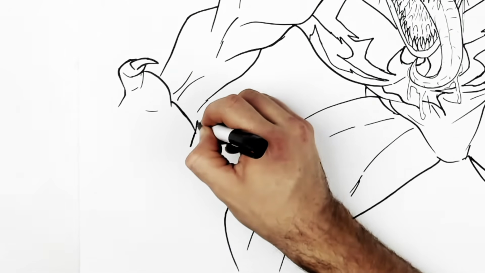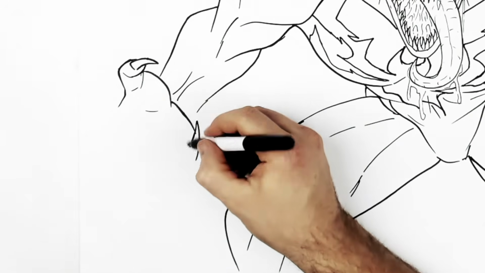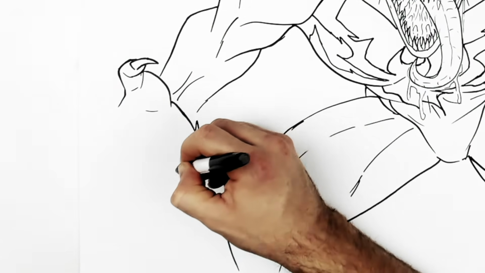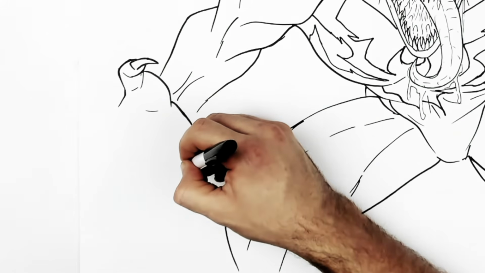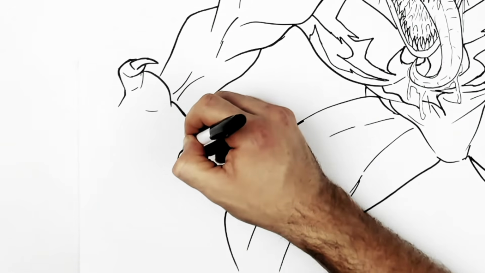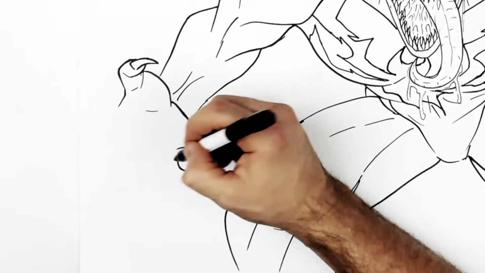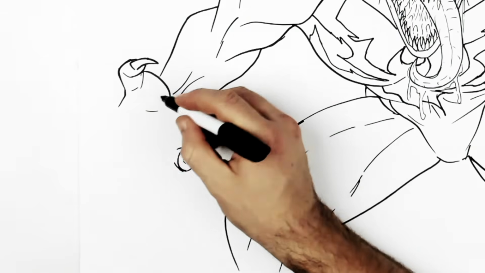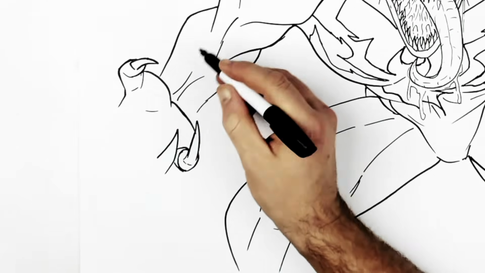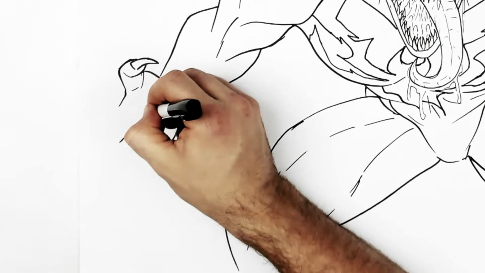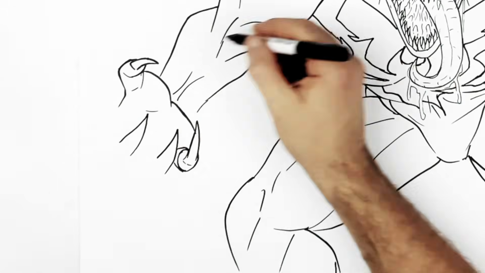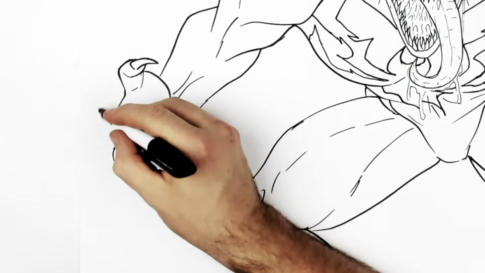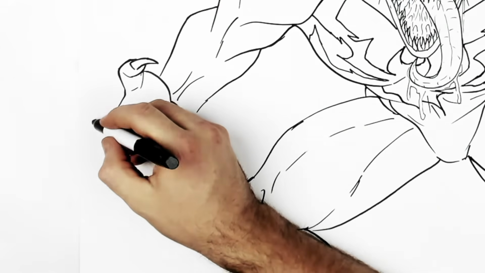So we've got a nail here, bumps around. That finger, and then the next one is here, and the next one is here.